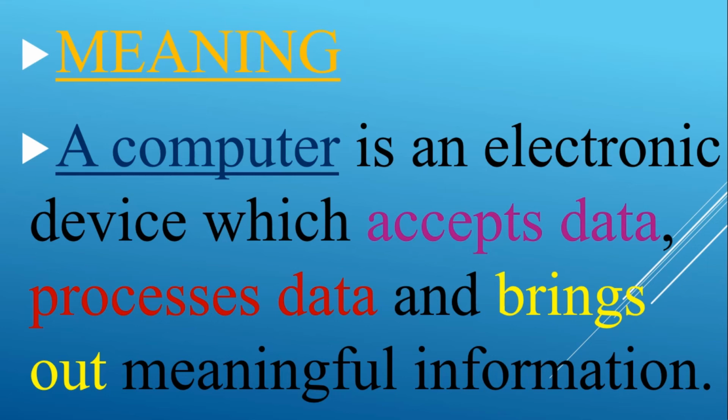The data can be raw facts fed into the computer for processing. So the instructions that we tell the computer to do can be termed what? The data. With this data, it needs to be processed.